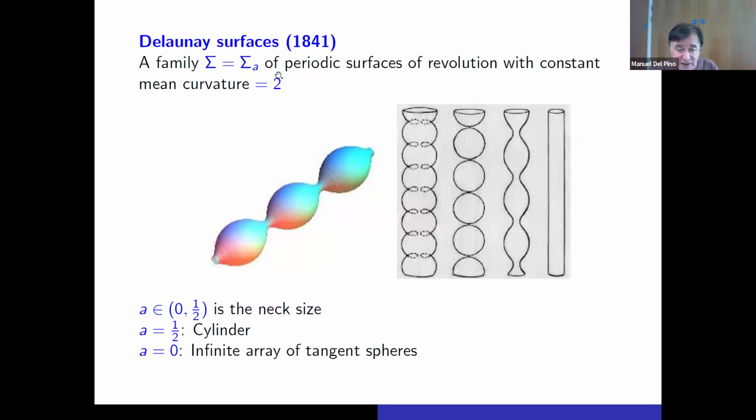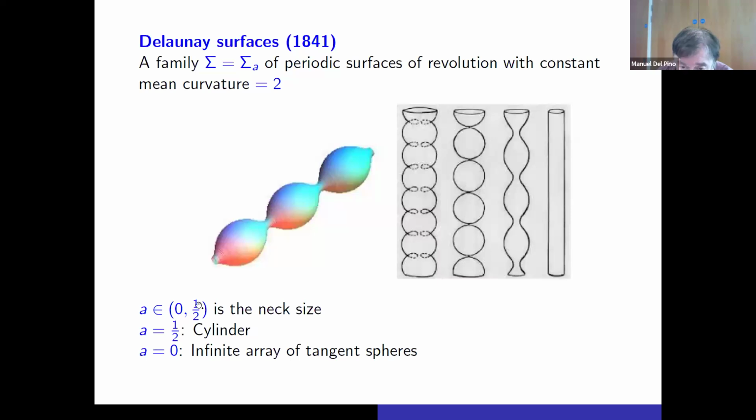These you can actually compute explicitly. You can find a formula for them, a formula that depends on some special functions, but it originates in the ODE, a second order ODE satisfied by the profile. And what you see is that there is this parameter A. What is this parameter A? This parameter A is what is called the neck size.